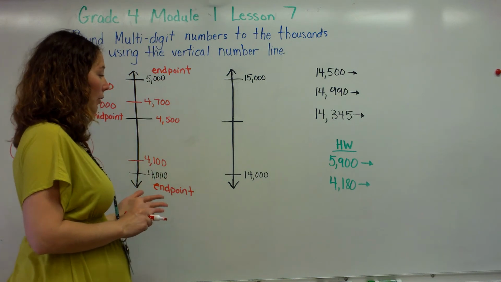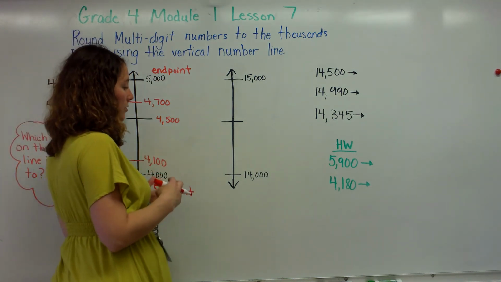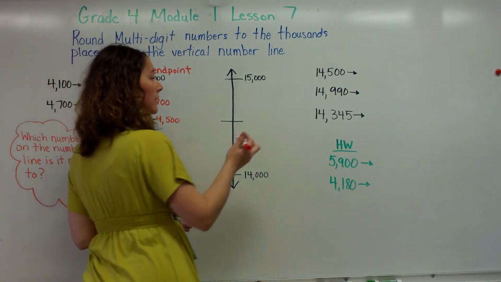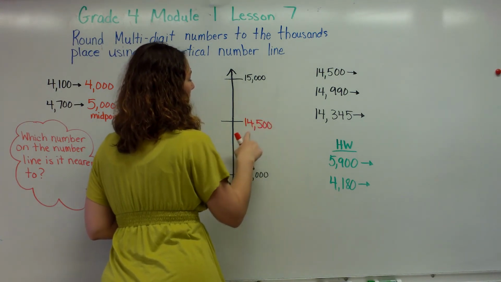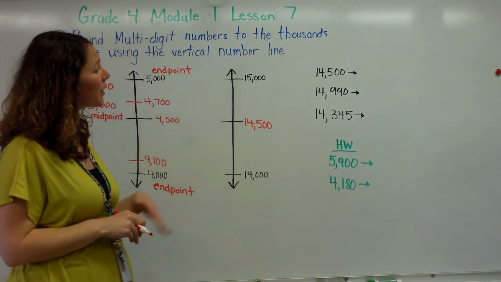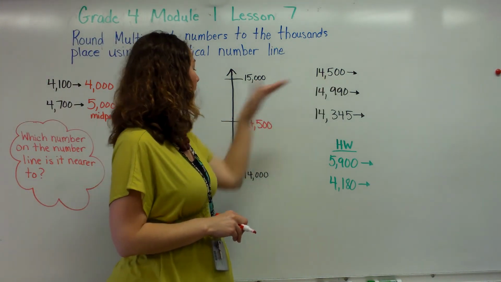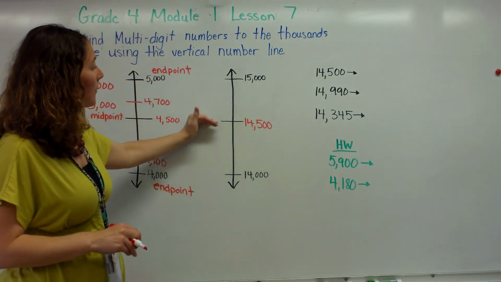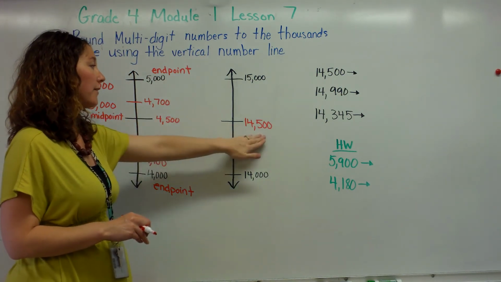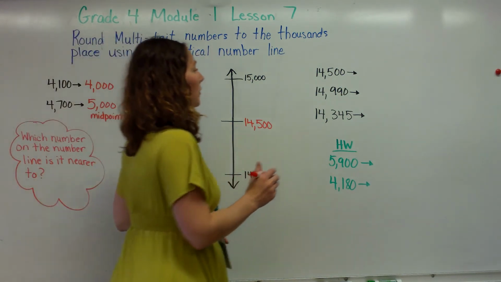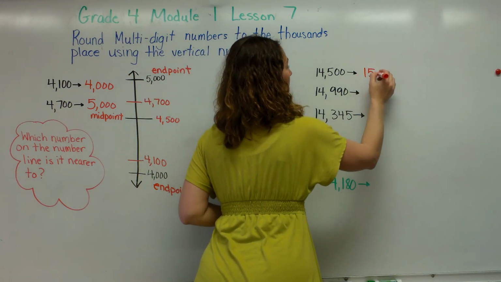Again, I can put a midpoint on here, and halfway between 14,000 and 15,000 is going to be 14,500. Now, even though 14,500 is my midpoint, I'm going to round up, and I'm going to say that 14,500 is closer to 15,000.